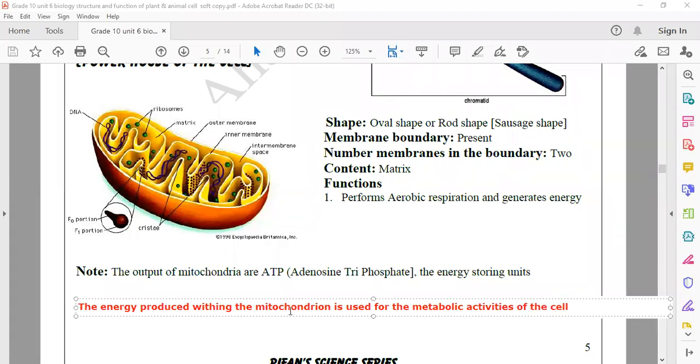The energy produced within the mitochondrion is used for the metabolic activities of the cell. Okay, clear?